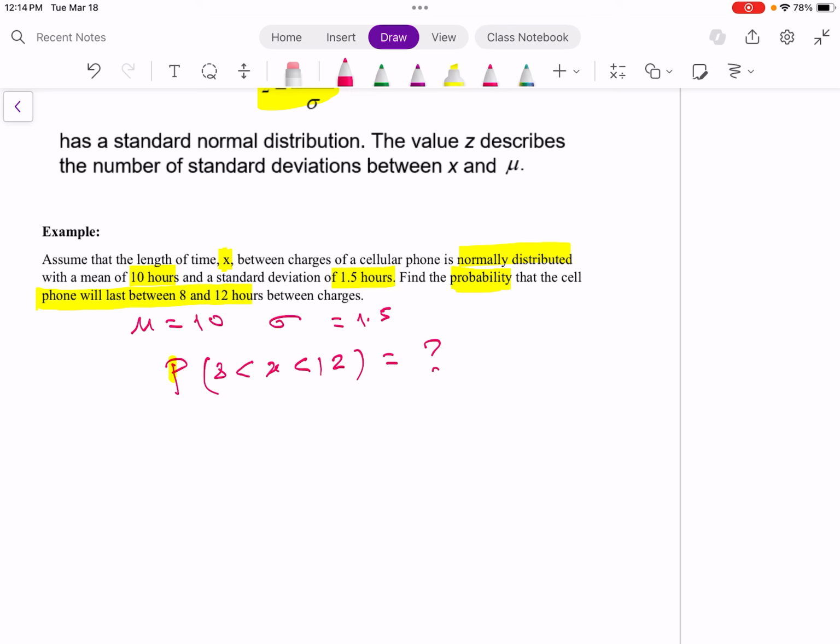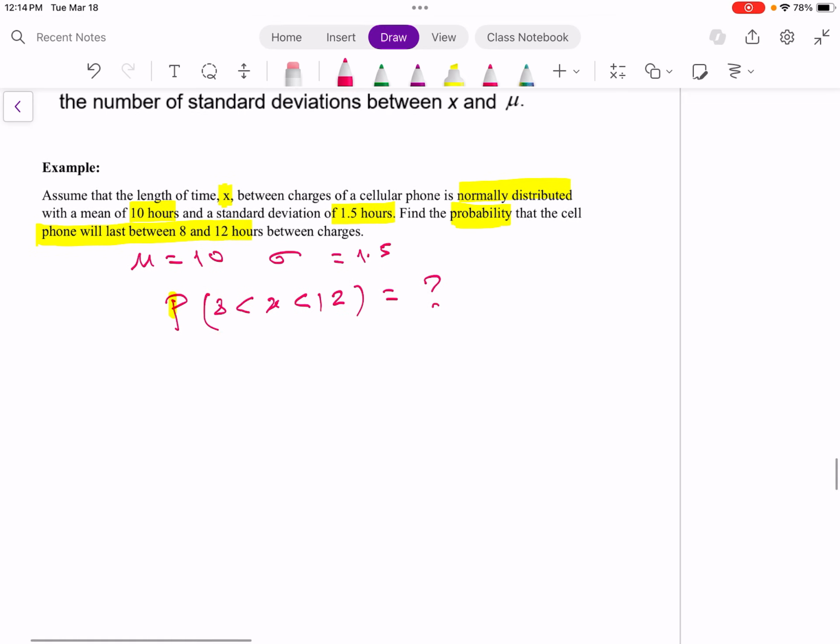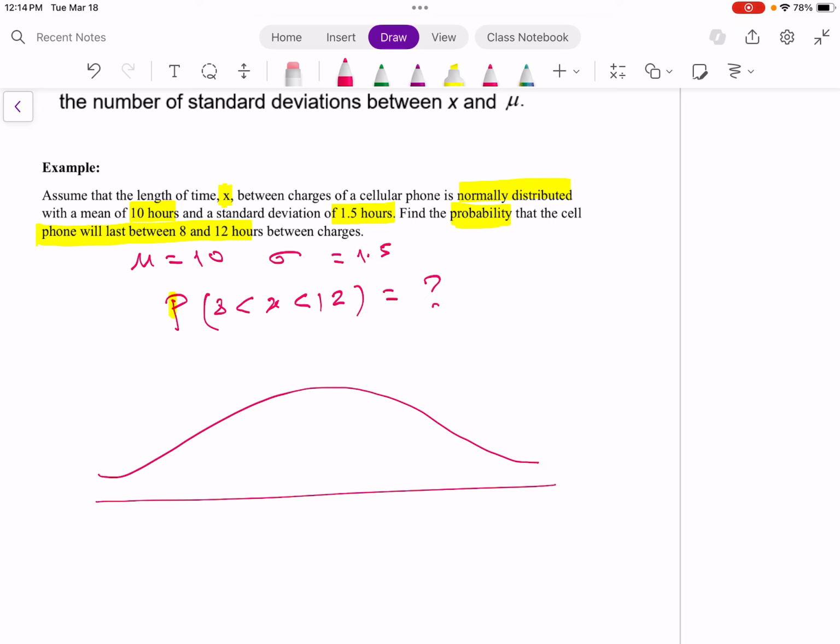So our x is the length of time that is normally distributed. Since this is normally distributed, we can draw the distribution for this variable. Now, what will be our horizontal axis here? X, that's good. So we have x here.